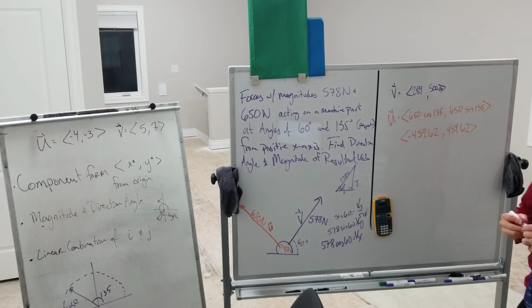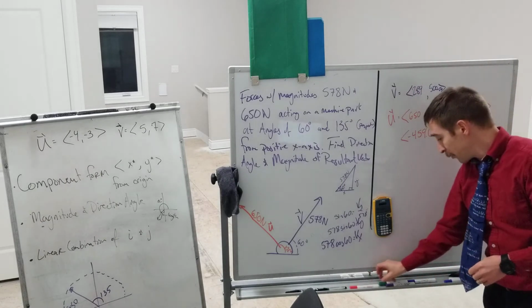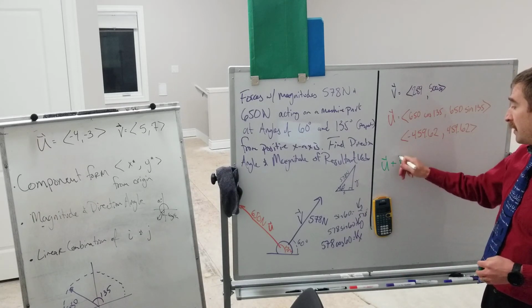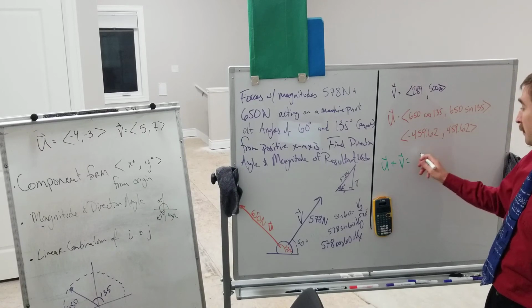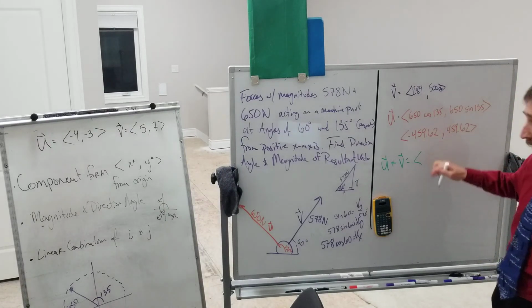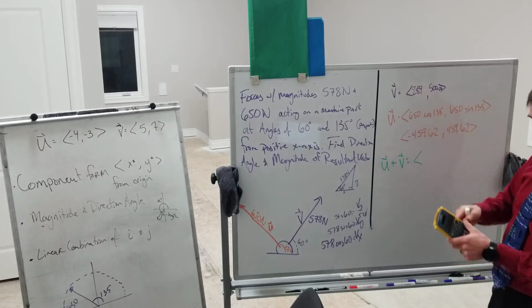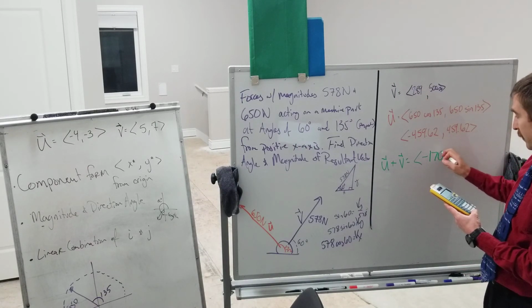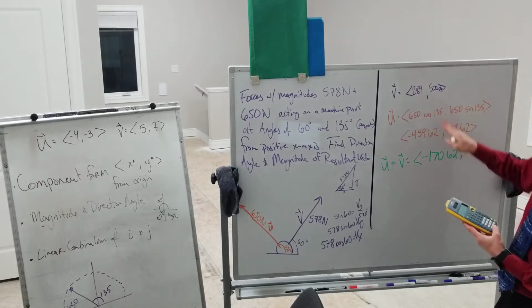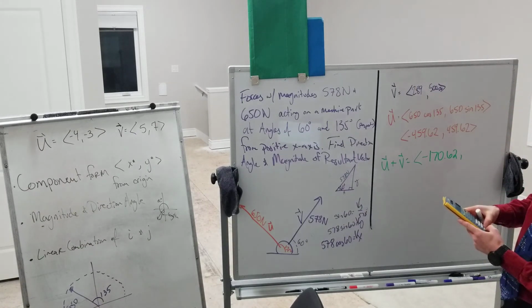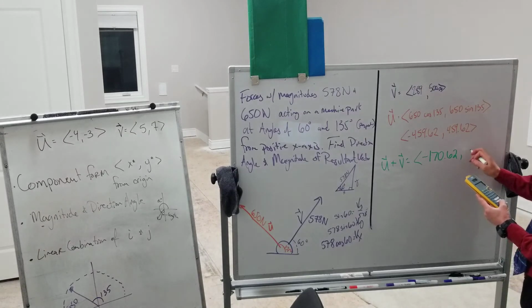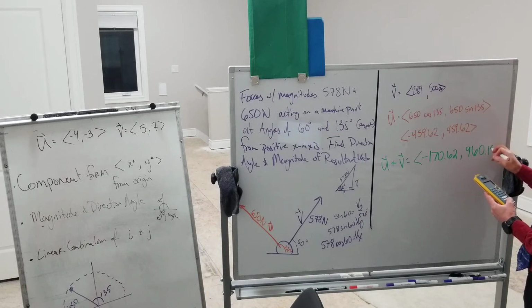What I'm going to do now to find the resultant vector is I'm going to add u plus v and see what I get. So here, negative 459.62 plus 289 is going to give me negative 170.62, and then 500.56 plus 459.62 is going to give me 960.18.